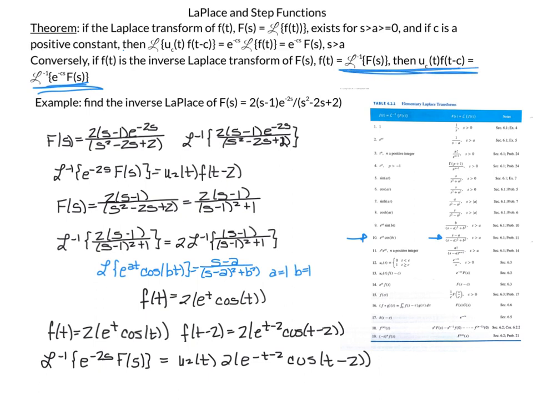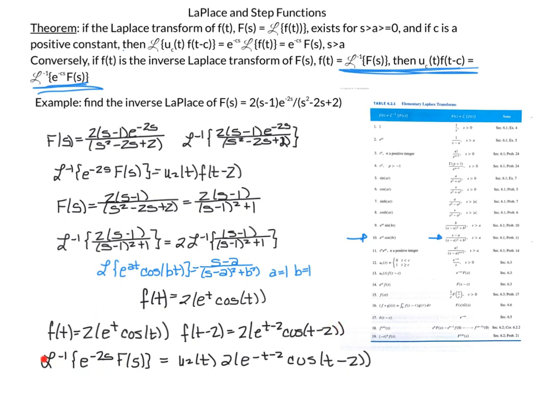So if we have this e to the minus cs times our F of s, then our inverse Laplace transform needs to be u of c times f of t minus c. So I'm going to start with f of t minus c. Our f of t, again, was 2 e to the t cosine of t. So f of t minus 2, plugging in t minus 2 for t, I get 2 e to the t minus 2 cosine of t minus 2.